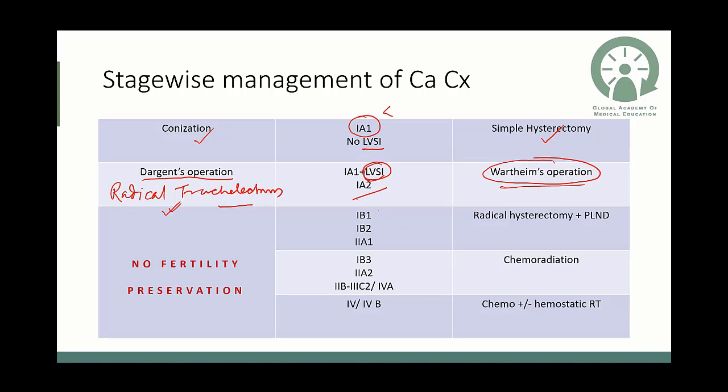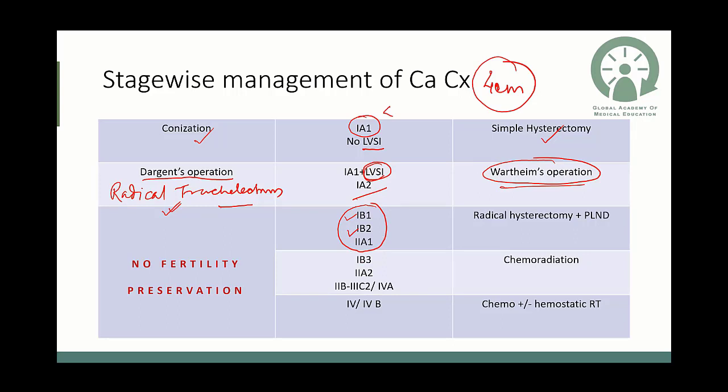So coming to the next stages, since we are discussing stage-wise management of carcinoma cervix, stage 1B1 is a visible lesion less than 2 cm, 1B2 is a visible lesion 2 cm or more but less than 4 cm, not reaching the size of 4 cm, because 4 cm is the marker for inoperability in carcinoma cervix.